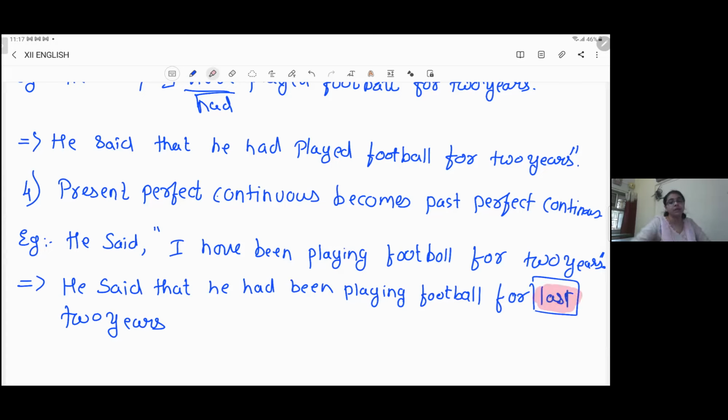You are copying the same sentence from above. In this particular sentence, when you are converting present perfect continuous to past perfect continuous, from last 2 years, he said that he had been playing football for last 2 years. Clear?